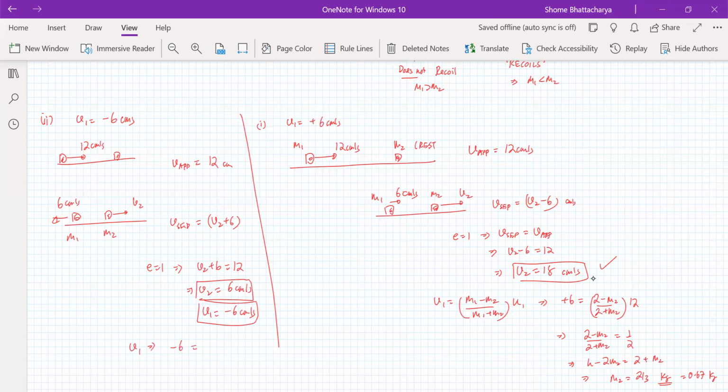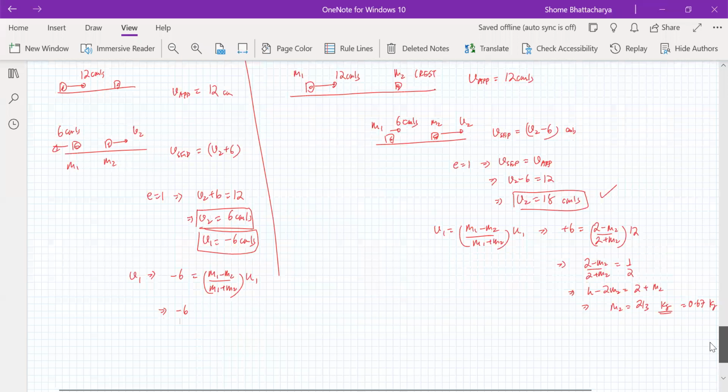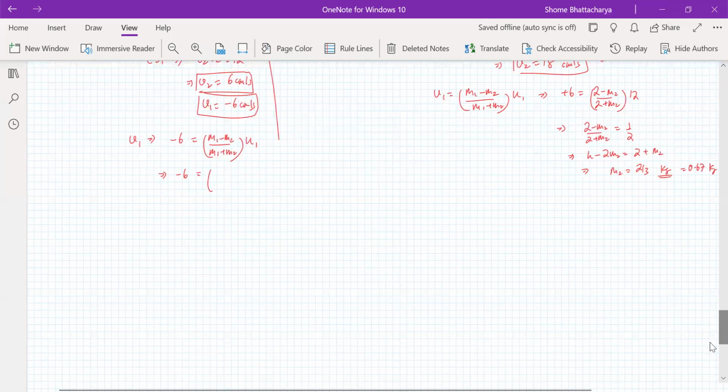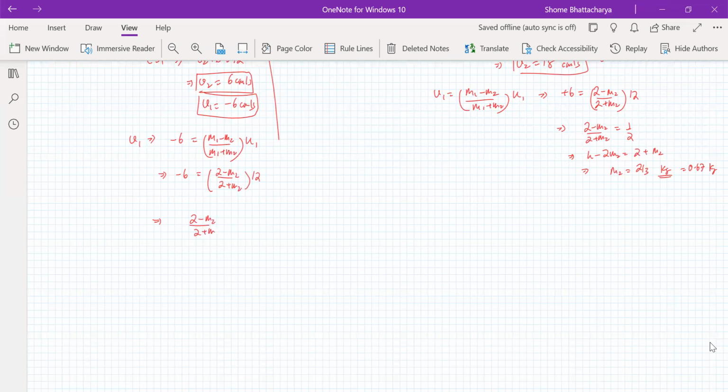So minus 6 is equal to m1 minus m2 upon m1 plus m2 into u1. So minus 6 is equal to this factor now. So 2 minus m2 upon 2 plus m2 is minus half.